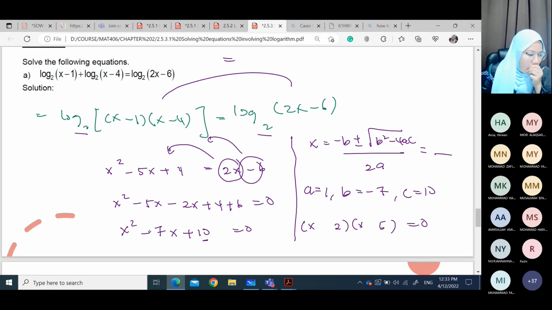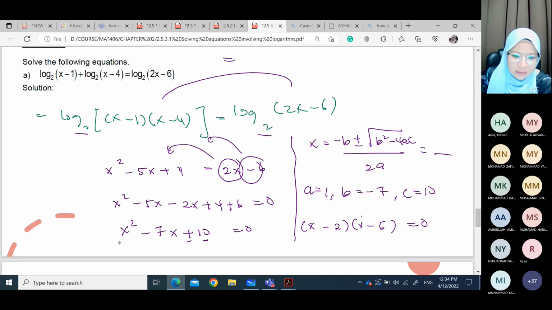Dekat sini negatif. Dan dekat sini plus. So maknanya operasi dia adalah operasi yang sama. Sama ada negatif ataupun positif. So kita tengok kat sini negatif 7x. So maknanya dah negatif lah. So negatif, negatif. Alright. So bila you kembangkan, kita akan dapat ini balik lah. Which is x times x.